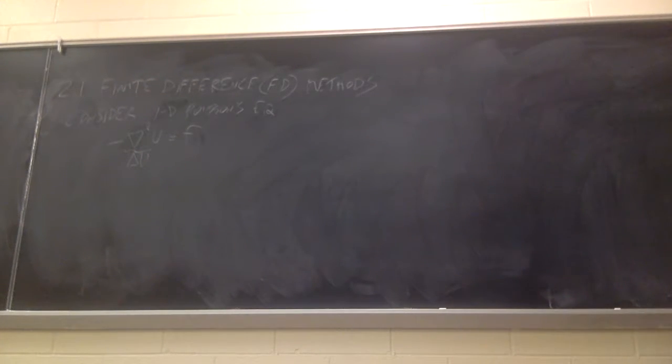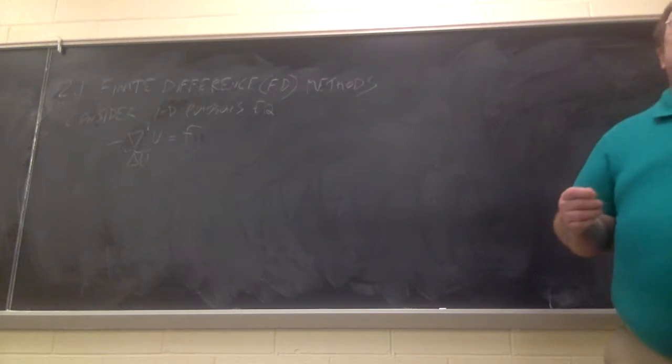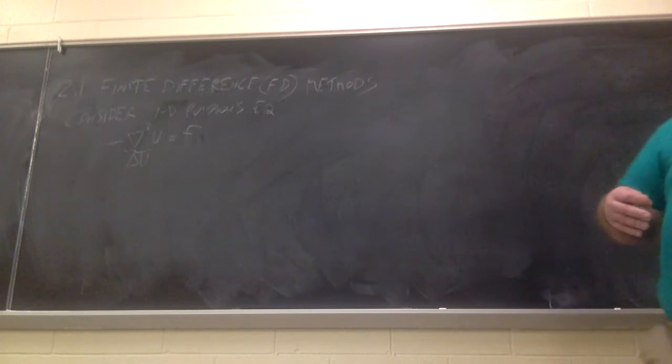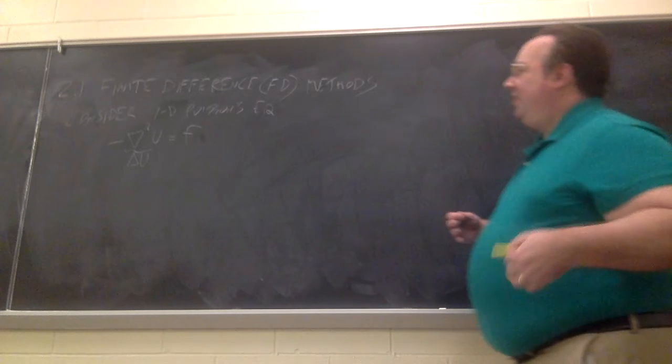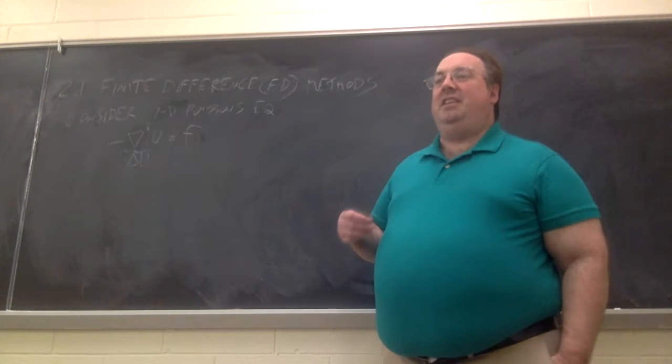But to see if either of you recall anything what the Laplacian is, we are in one dimension, so our typical spatial variables, x, y, z, etc., we only have x. So what would the Laplacian be?